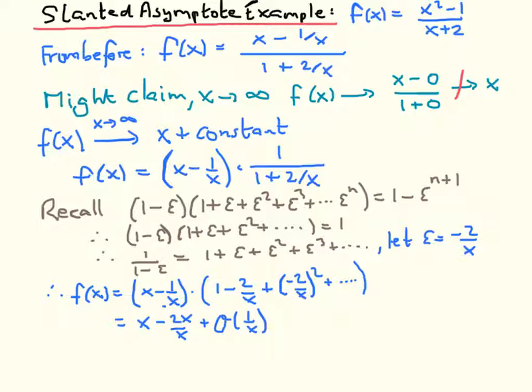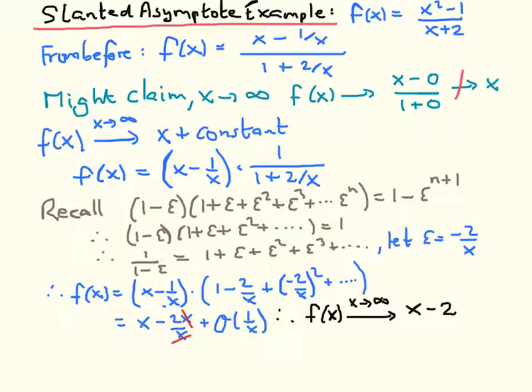All the other terms are negligible. They tend to 0 as x approaches infinity. So what we see is that f of x, as x tends to infinity, approaches x minus 2, because again back here the x on the top and the x on the bottom cancel, and we were left with x minus 2.